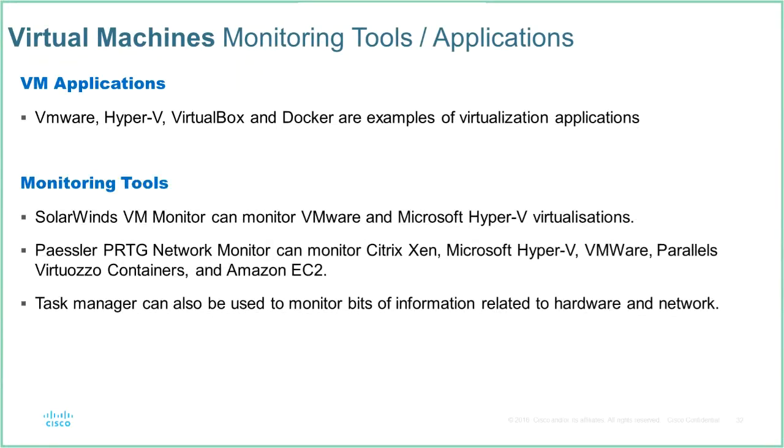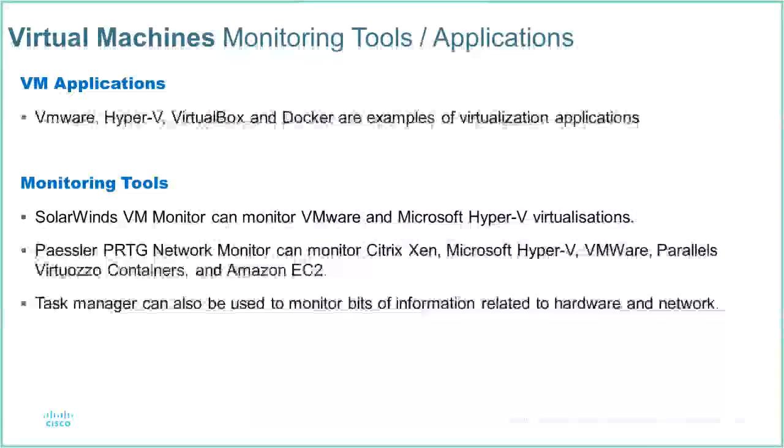Paessler PRTG Network Monitor gives you Hyper-V, VMware, Parallels, containers, Amazon. So there are a bucket load of different applications that do virtualization out there. And good old Task Manager, if you're doing bits on the host machine, it'll give you information on hardware and network statistics in relation to those virtual machines.